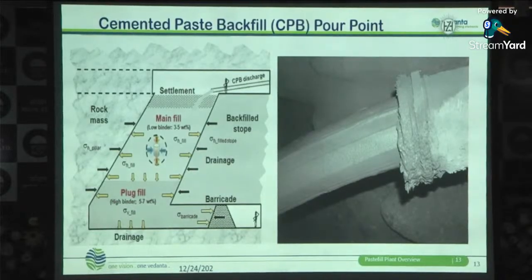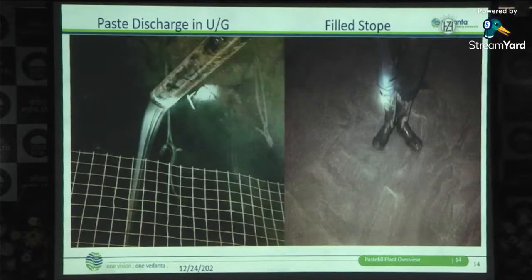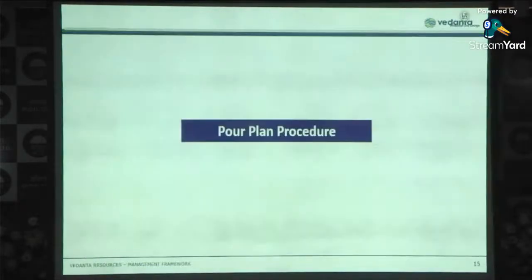So this is the line diagram of how we are making it. We have the pipeline up to here, and we are sending the paste fill here. You can see after 48 hours, we can send a 21-ton LHD over the cemented paste fill. It will be like solid ground. After 48 hours, we can send big machines over that.